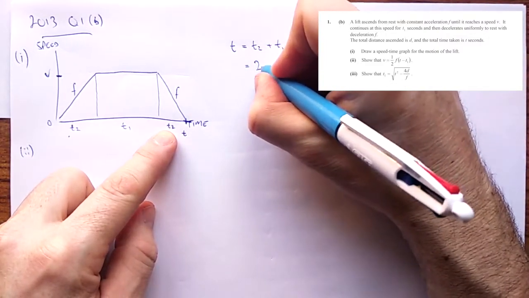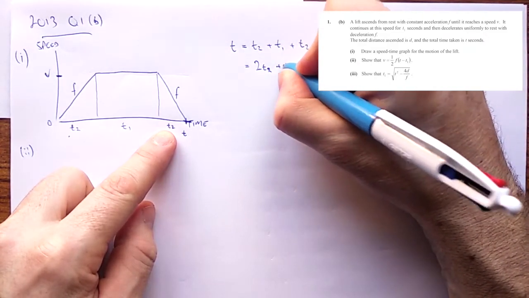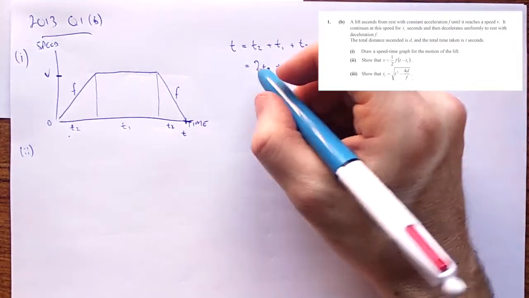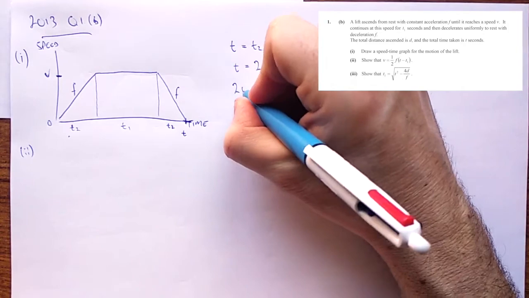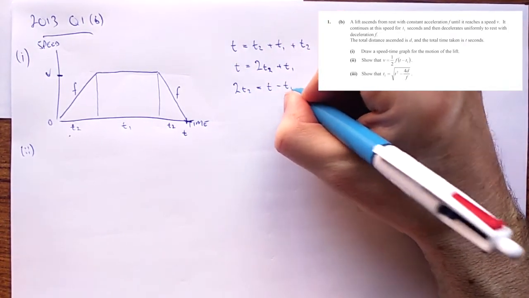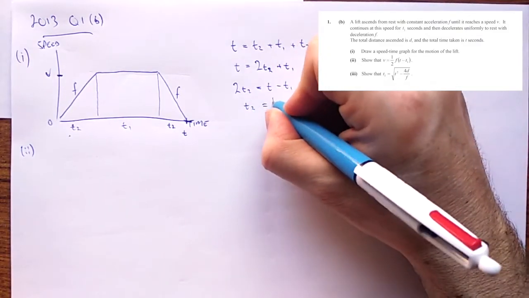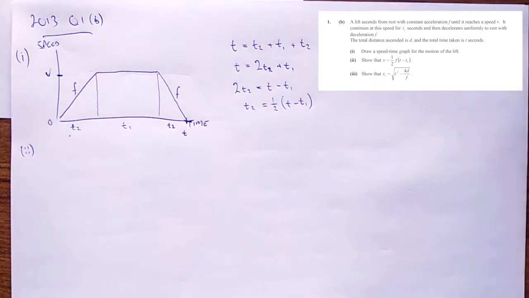Okay, so that's 2t2 plus t1. I'd love to know what t2 is, so let's just move that around a bit. 2t2 is t minus t1. So t2 is a half t minus t1. That's great, that's a little bit easier to work with.